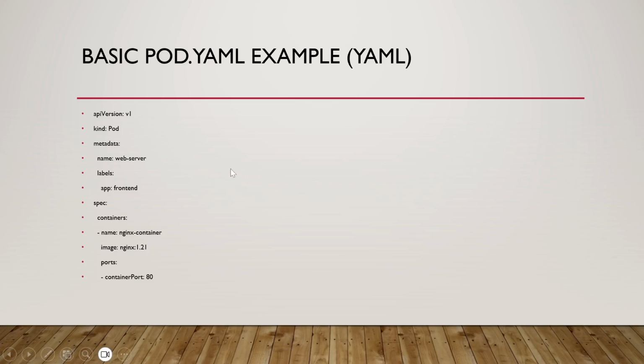Okay, let me go with the basic pod YAML example file. This is the basic file. Here we have written the API version v1, kind Pod, which means it's a stable version we can use in production. Kind is the object kind, Pod. Metadata has name web-server, labels like app: frontend. Spec has containers, and here we have not specified replicas. The container name is nginx-container, image is nginx:1.2, and containerPort is 80.